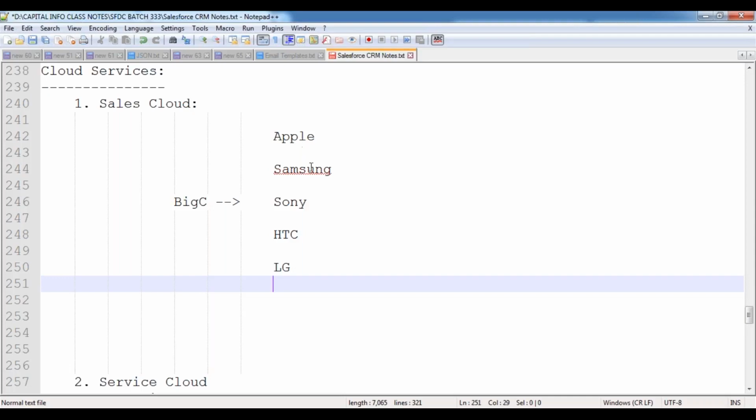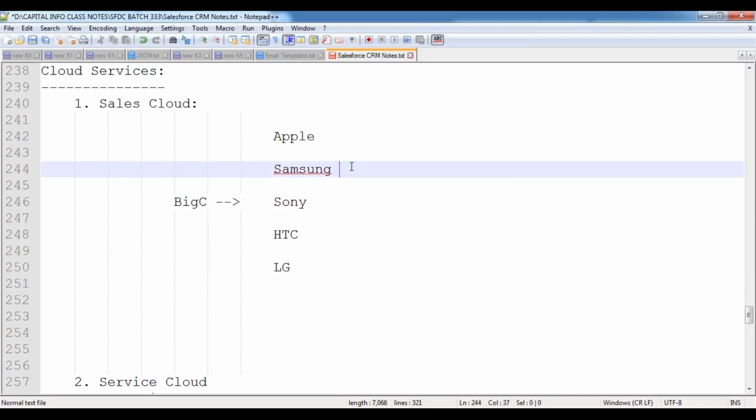Now, for example, assume that whenever they are selling Sony products, or Samsung mobile products, or any mobile manufacturer's products, they follow various processes.